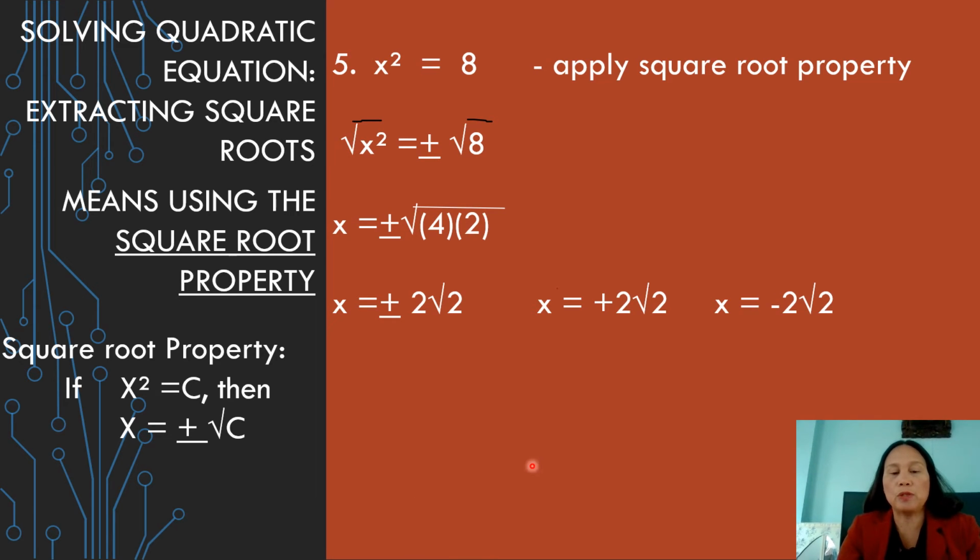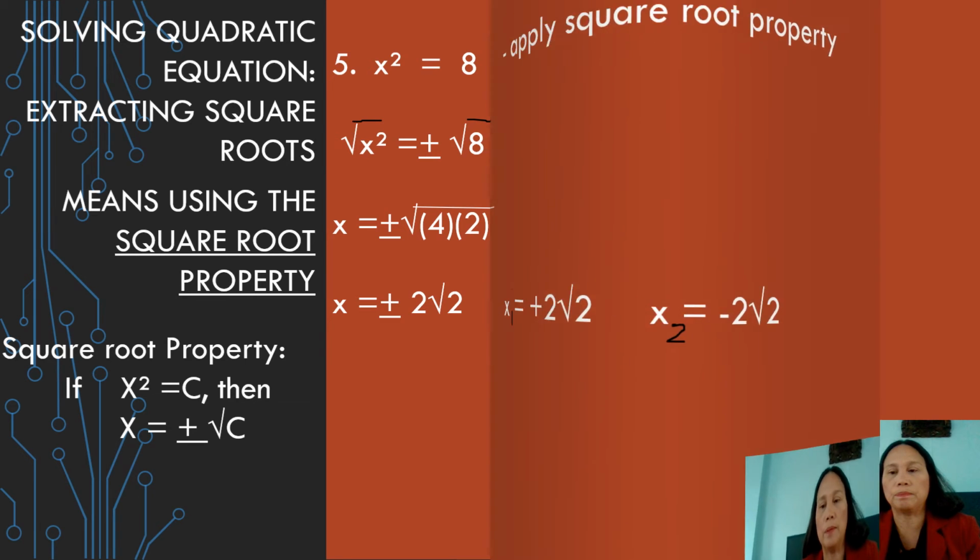So, our two solutions now: the first one is equal to 2 times the square root of 2, and the second one is equal to negative 2 times square root of 2. Okay? So that is your knowledge in simplifying radicals needed in here. Okay, so let's have another one.